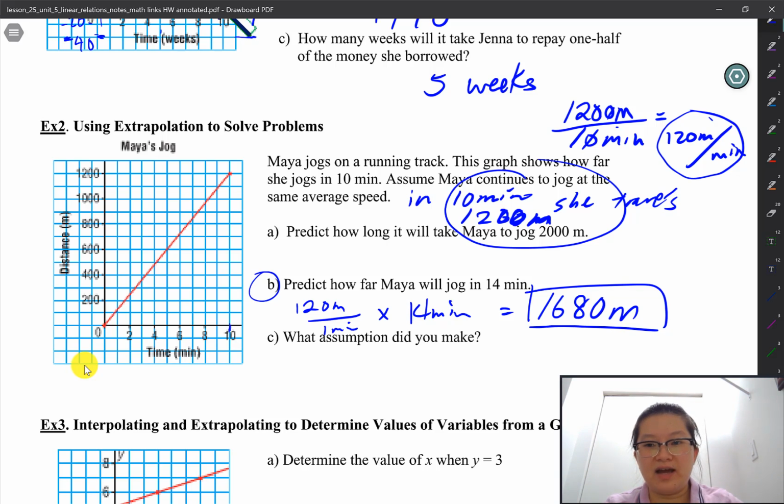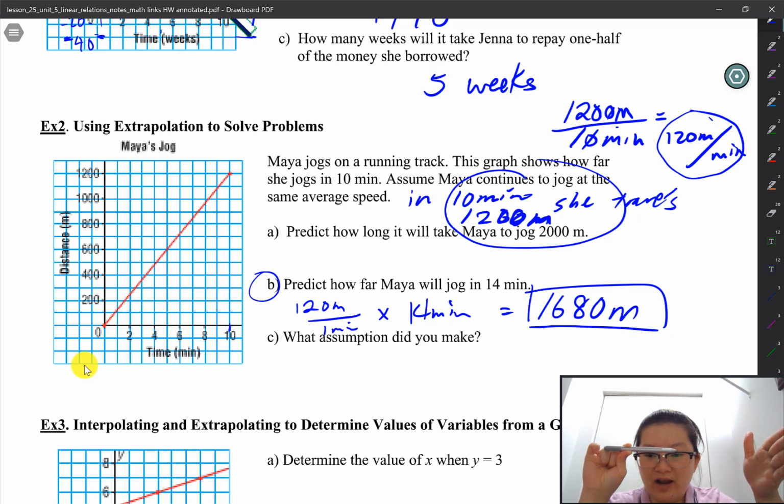Now we know that in 1 minute, Maya travels 120 meters. I'm going to use my pen to model that. So imagine my pen is the distance that she travels in 1 minute.